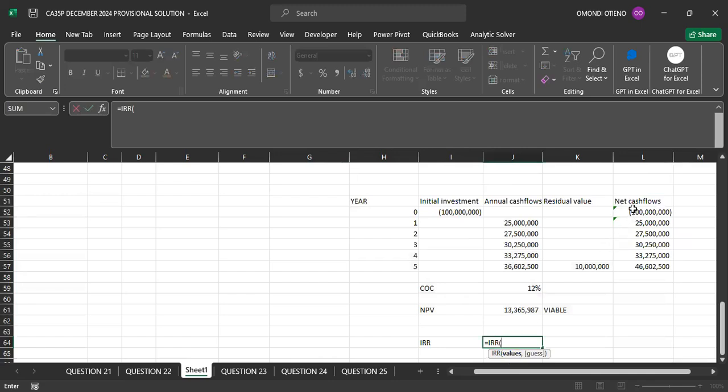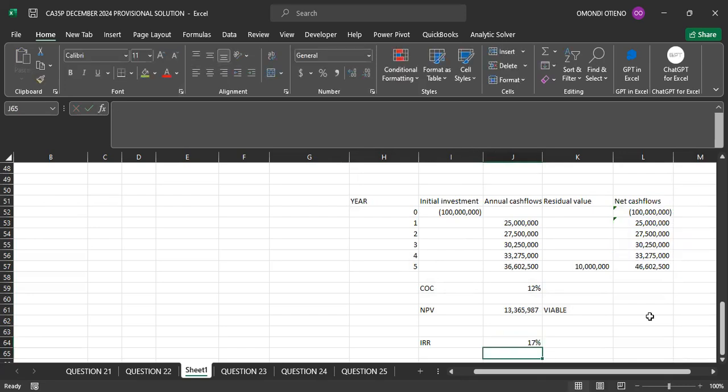So we come to this part here and highlight all this, close the bracket and enter. Then, let me increase the number of decimal places, you'll be able to see our internal rate of return is 16.745. So that's the first method. We get it by use of the IRR function.